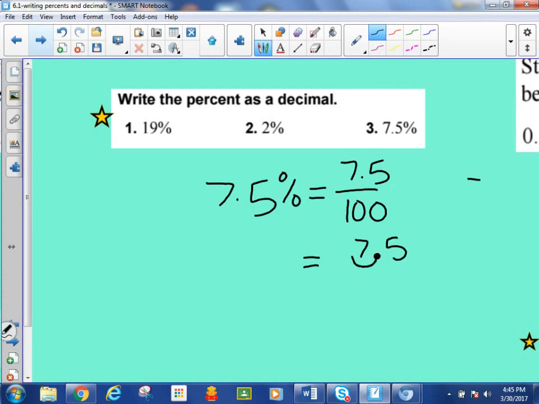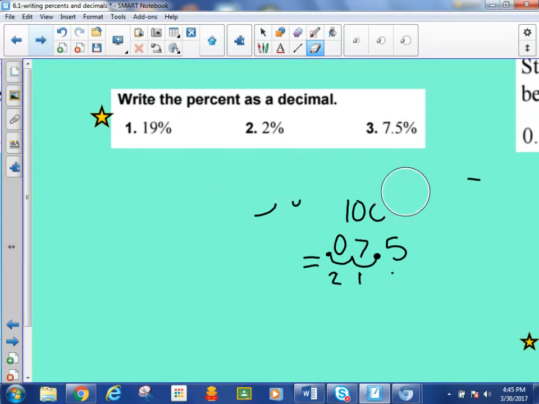I move it 1, 2, which gives me 75 thousandths. Tens, hundreds, thousands, 75 thousandths. And this is important because I know where the decimal is, and it doesn't matter, I still move it over 2 spaces. 1, 2. So that is taking percents and changing those into decimals.